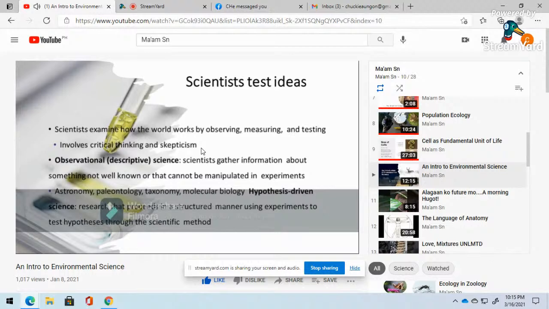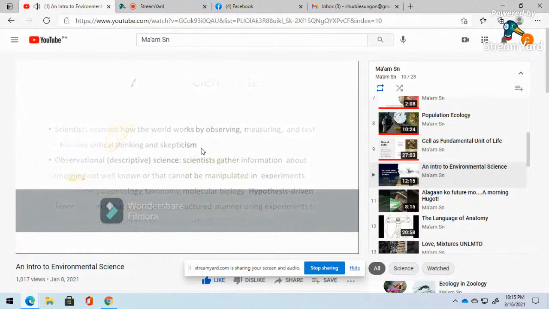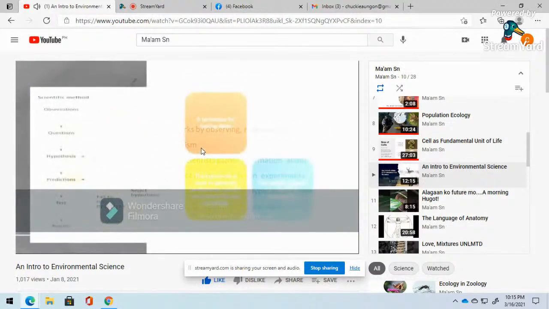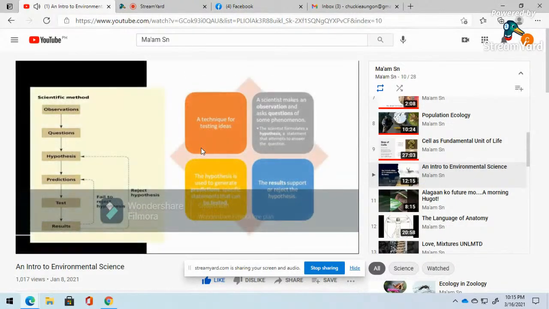Now, when we say scientific method, here are the steps. It starts with observations, followed by questions, hypotheses, predictions, testing, and results. As a technique for testing ideas, a scientist makes an observation and asks questions of some phenomenon.